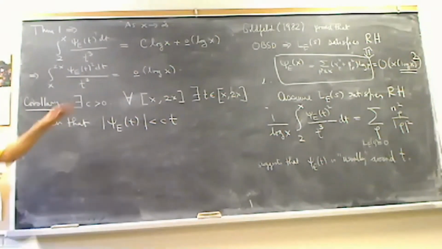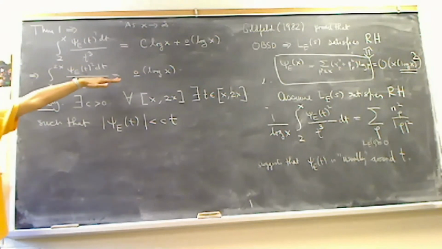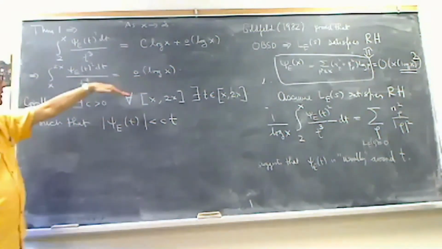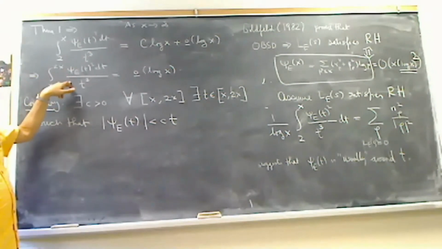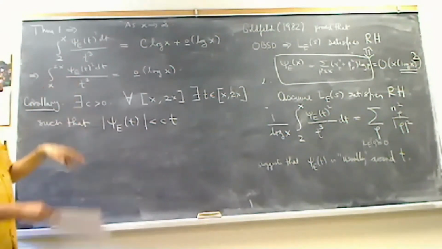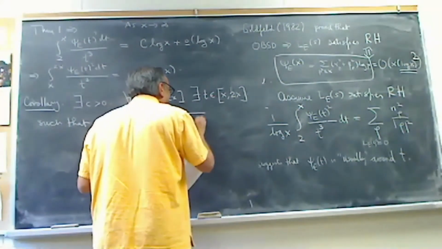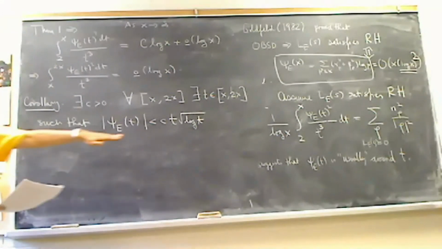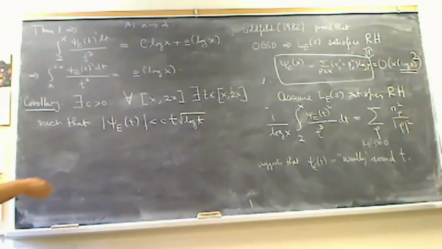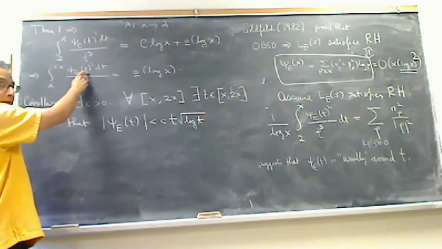You will believe that, because if this is t, you get log x. Sorry, what do you get? Well, you get log 2. You get a constant, right? Okay, anyway, we don't need such a sharp result. This is good enough. Sorry, I should have put a square root of log t, because when you square it, you'll get a log x.